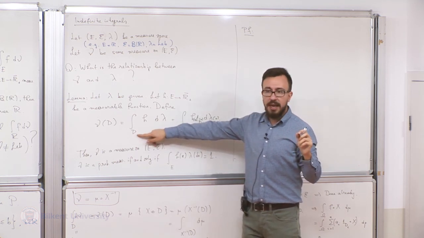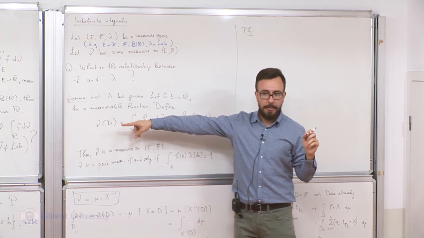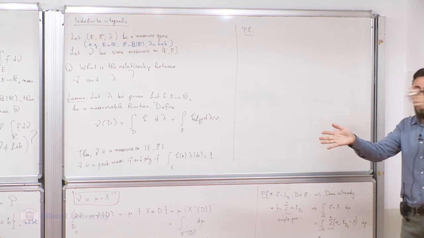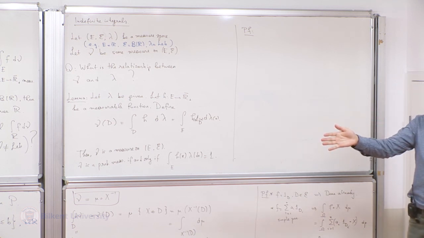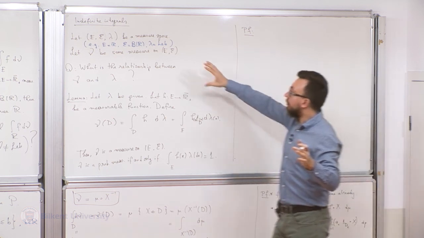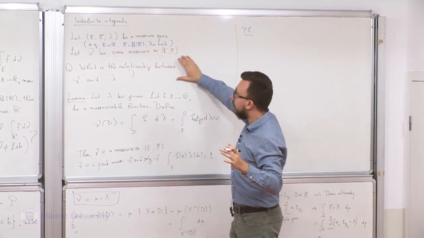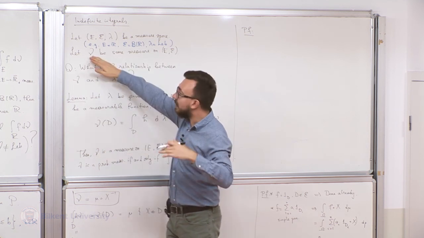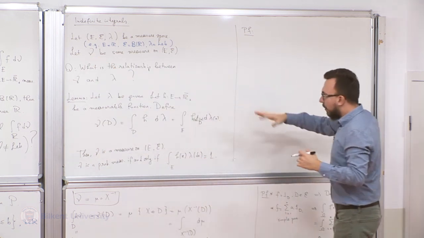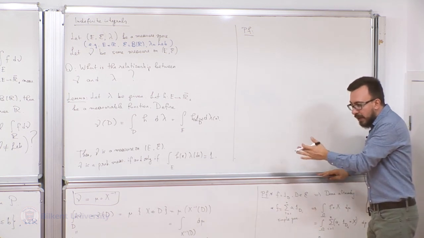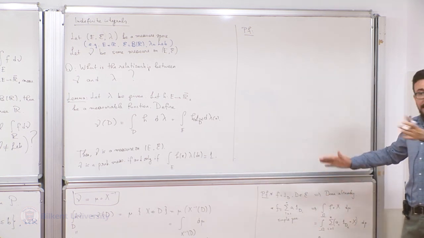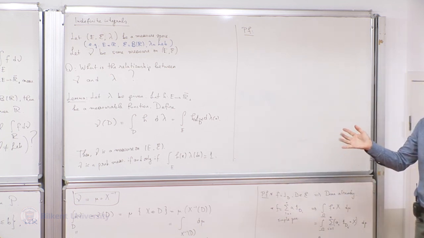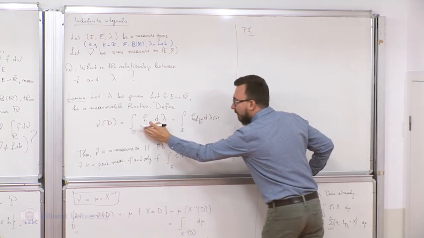Over the set D. And this defines a new measure for me. So this is only one way. If you're given lambda, you can create new measures out of lambda. We haven't looked at the converse. We are still not looking at this question. We're creating nu ourselves. We're not taking nu as given. But anyway, at least there is a way to derive a new measure from a given measure. At least if you're given the Lebesgue measure, there is a way to find another measure. And this is by fixing some density.